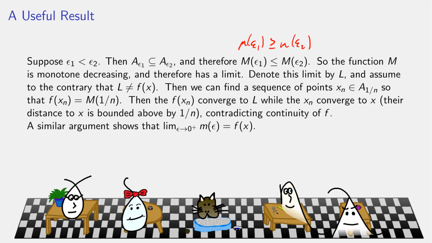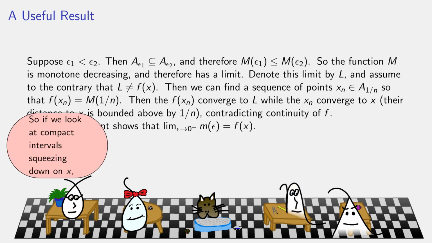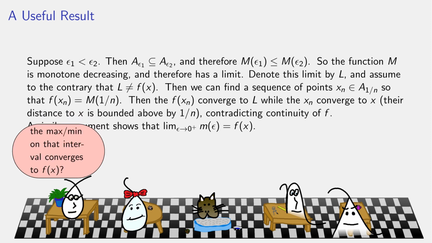But that's still a monotone function and everything else remains exactly the same. So if we look at compact intervals, squeezing down on x, the max and min converge to f of x. That's the gist, okay? We're squeezing down little intervals on a point and asking what's the biggest or smallest we can be. If the distance from x is shrinking to 0, the max and min must be approaching f of x as well.